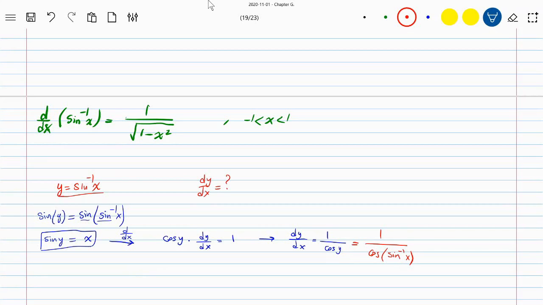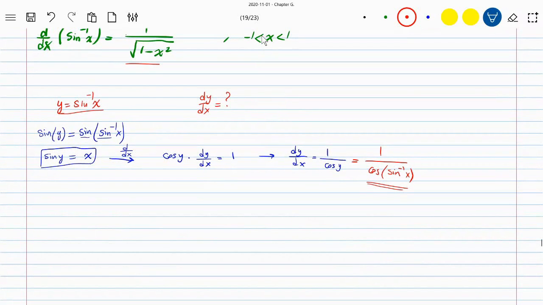And you may ask again, why are these two not the same? The reason is we can simplify this by the same technique that we talked about last time. So let's draw a triangle. What do we know about sine inverse of x? We call it y. So we assume this angle is y.